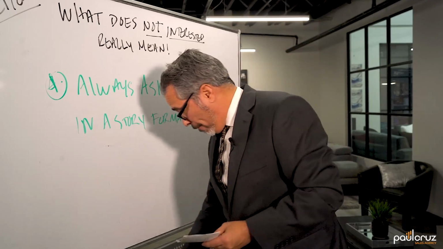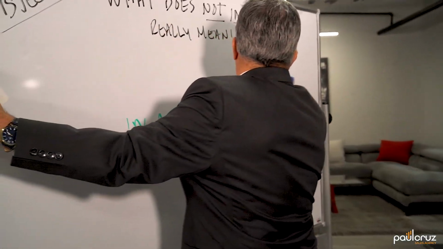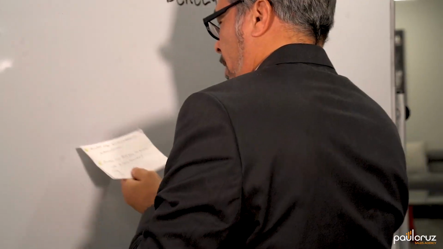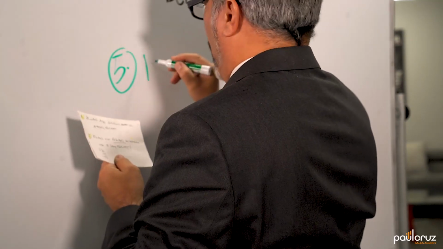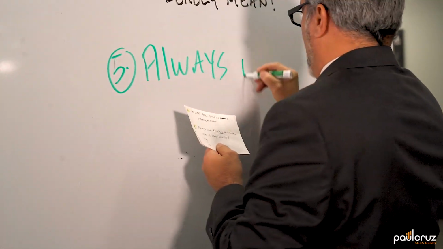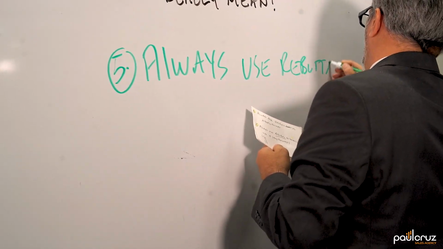Then the last one, number 5. Let me erase this here. Number 5. Here's the key. You can have all the weapons in the world. If you don't know how to use the weapons, it means nothing.